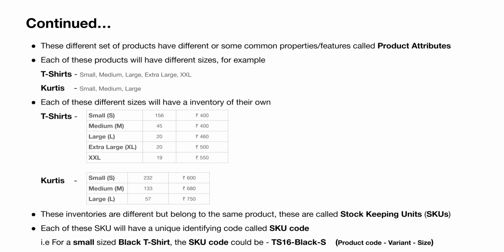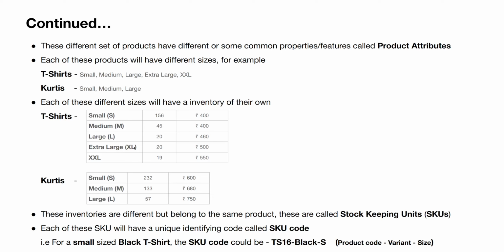So these were what are called product attributes, which are different set of properties or common properties or features that the products will have, and each of these products will have different inventories. For example, on a phone it could be 64 GB, 128 GB and 256 GB variant or the size. So it doesn't have to be just sizes, it can be size of the memory also for a different set of products. Here we are considering apparels, so we are considering the size itself, which is small, medium, large.